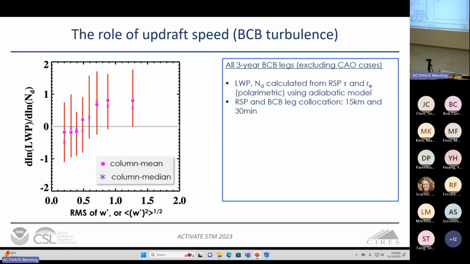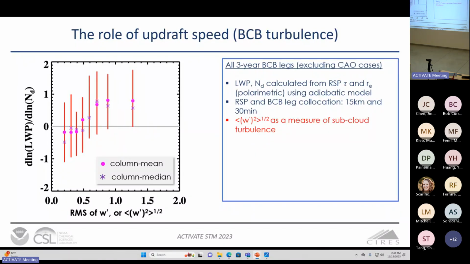I composited the data by the below-cloud turbulence. This is a measure of the vertical velocity in the below-cloud legs, and then I composite the slope of liquid path ND as a function of this updraft or below-cloud turbulence.